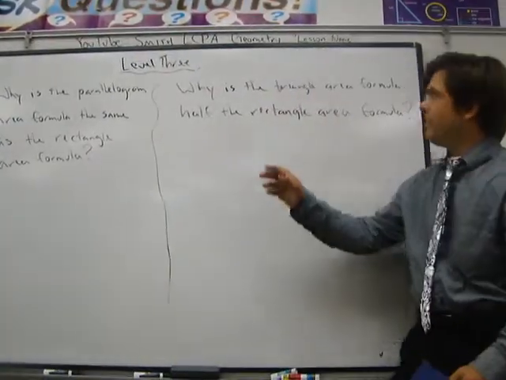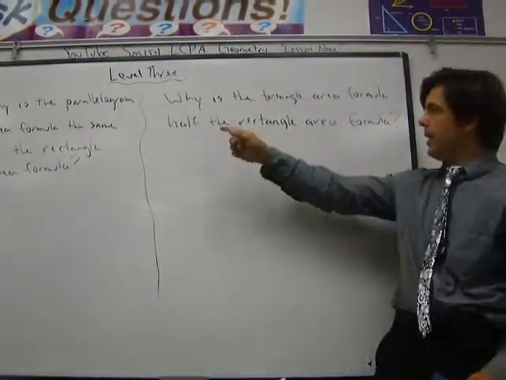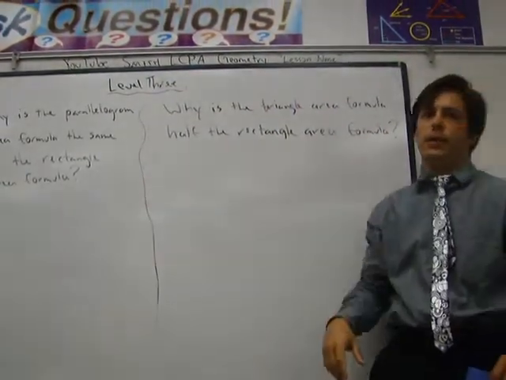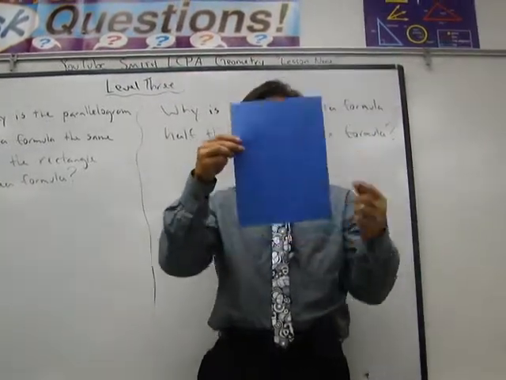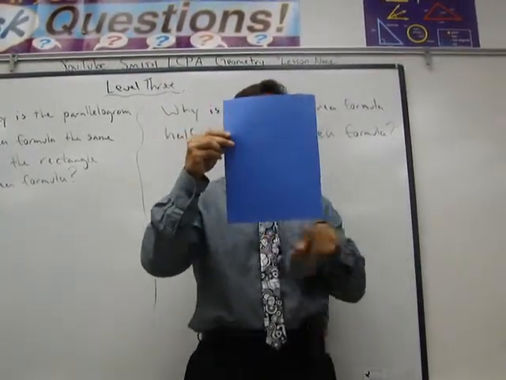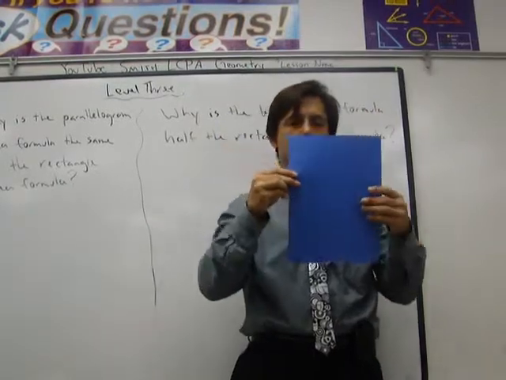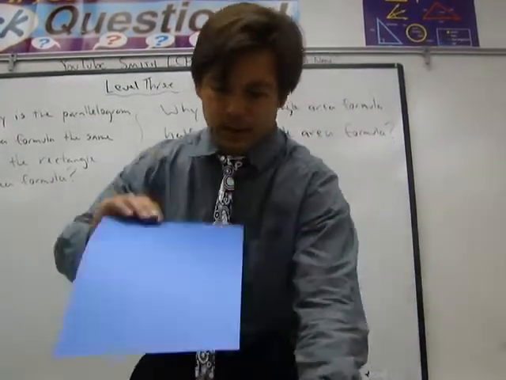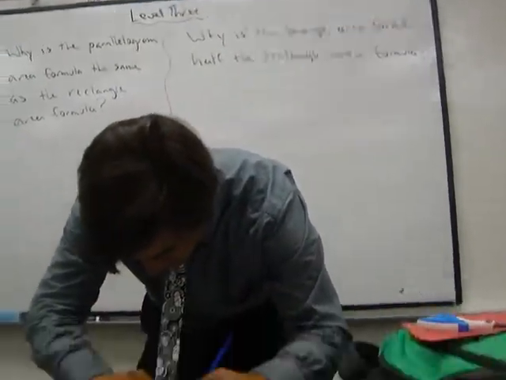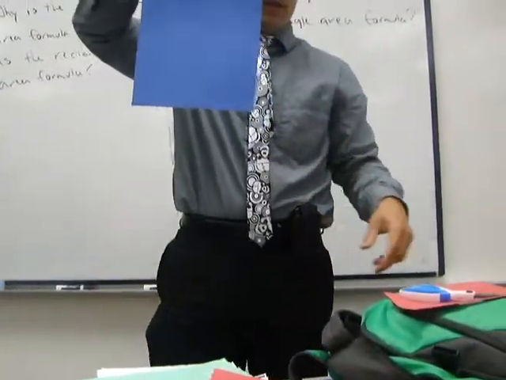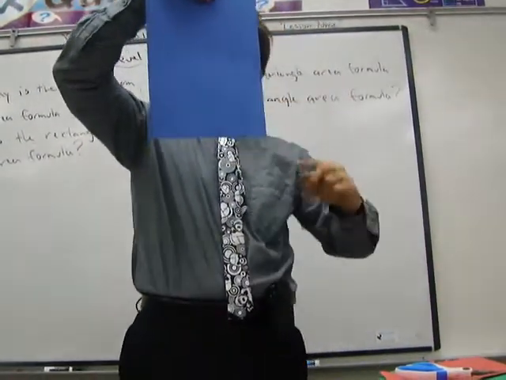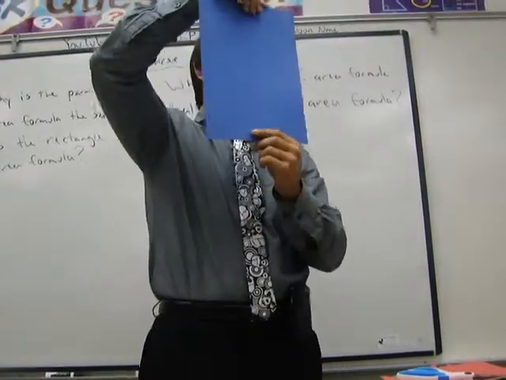Okay? Second half. Why is the triangle area formula half the rectangle area formula? So again, what's this figure here? Rectangle. What would this be? The base. What would this be? Height. Okay, this is really a little bit interesting. What I'm going to do, I'm going to randomly choose a point at the top of the rectangle. If I cut from here to here, what will it leave me?